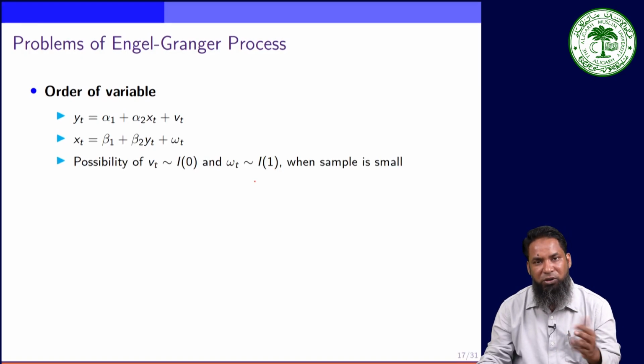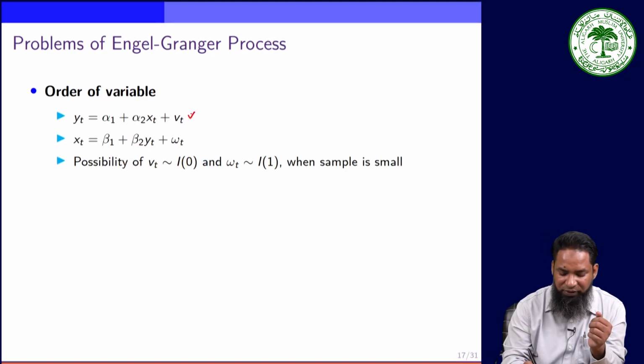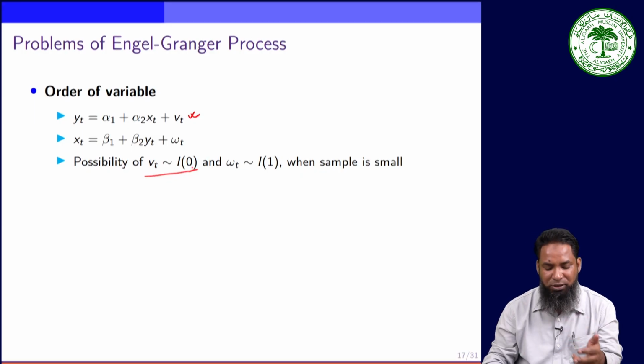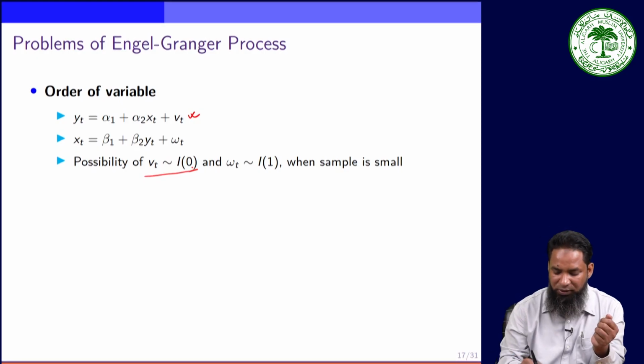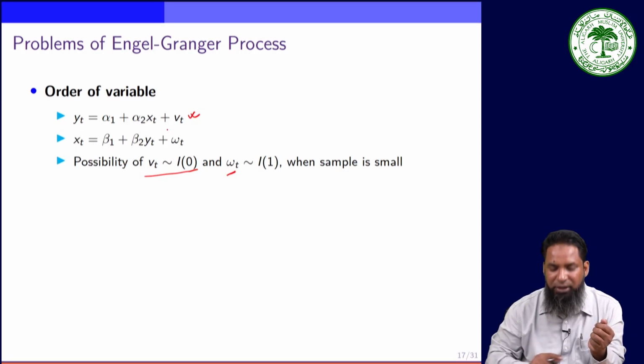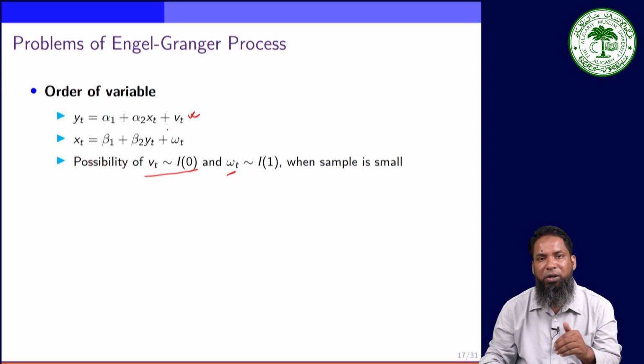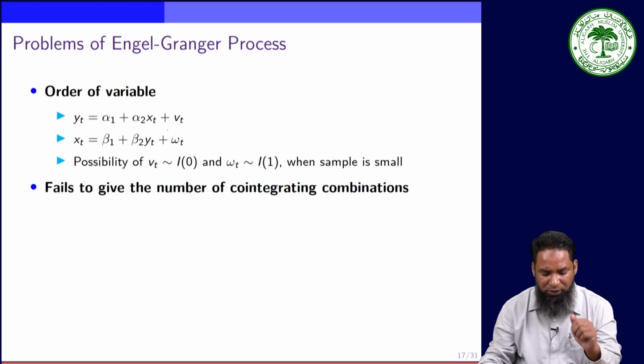If we use the first order, we may find the estimated residuals are integrated of order 0, that is stationary, so there is cointegration between yt and xt. However, in the other case, if we change the ordering of the variables, it might become that there is no cointegration. Then how do we decide whether these two series are cointegrated or not? So we have this issue.